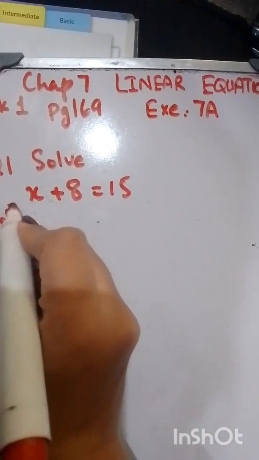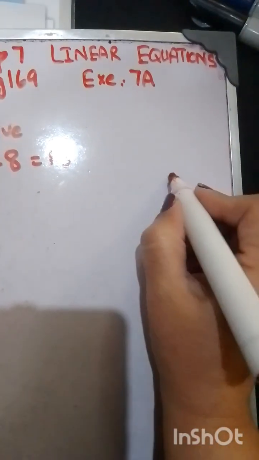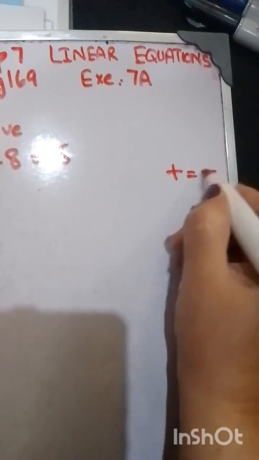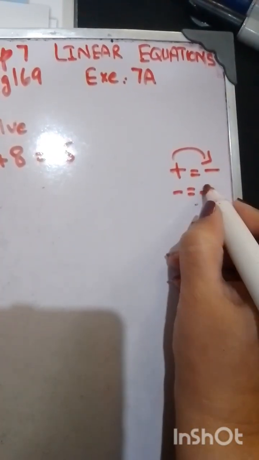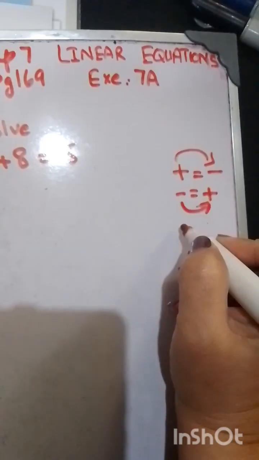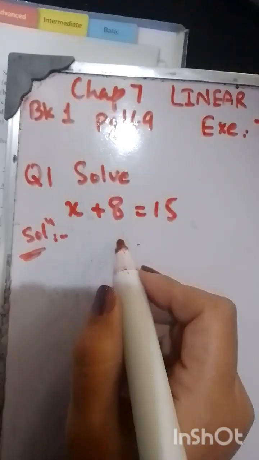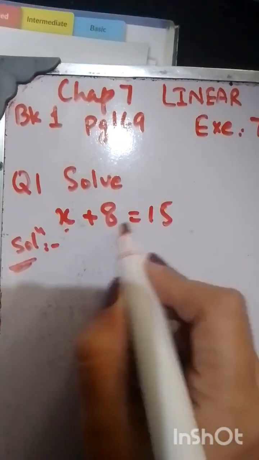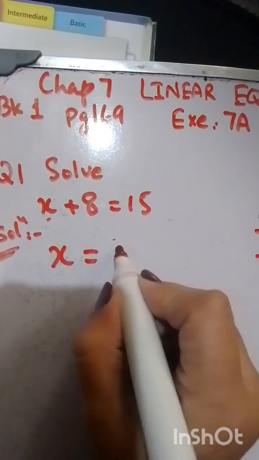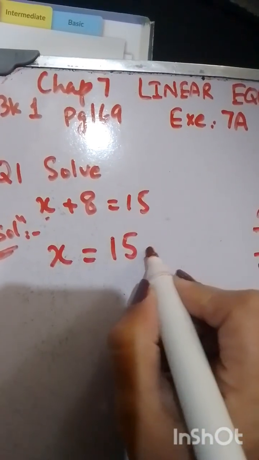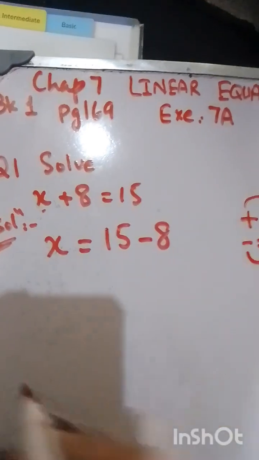Acha, here we have two methods which we are going to adopt. First of all, we are going to change the signs from the right hand side to the left hand side, or the left hand side to the right hand side, so it will change. If it is a plus, then it will be a minus on the other side, and if it is a negative on the left hand side, it will be a positive on the right hand side of the sign of equality.